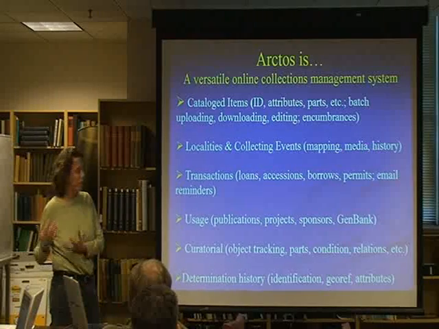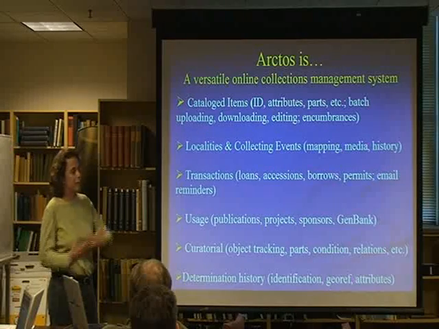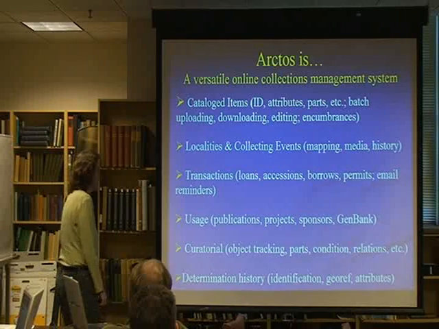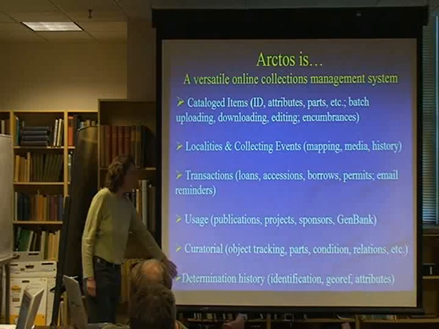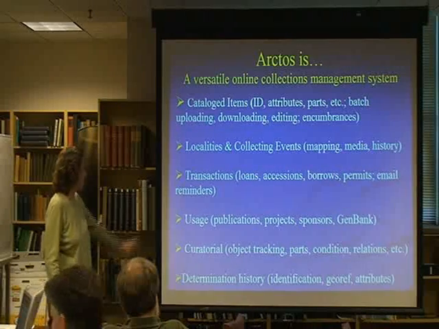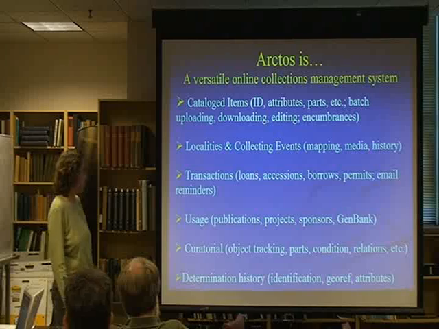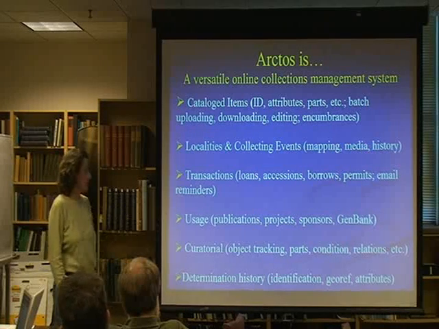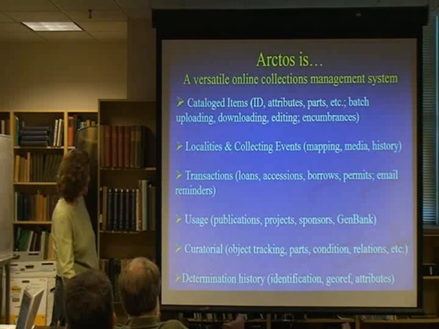So for example, a bird might have a stomach content or a rectal, and so you can link those different specimens. And determination history. So if something's re-identified, we maintain that history of who did it and when it was identified. Georeferencing and attributes as well.